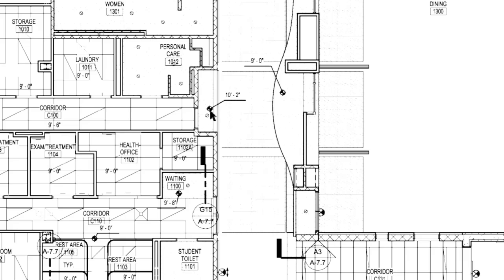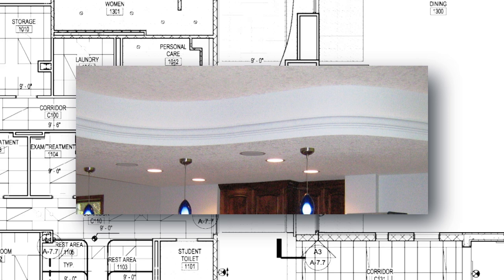So let's break these down. Right here, whenever you see this symbol, this is your elevation symbol. This lets you know from the finished floor to the finished ceiling what the height in between is. So this little soffit right here, this is called a soffit, and it's a fancy looking soffit, but it is 9 foot off of the wall.